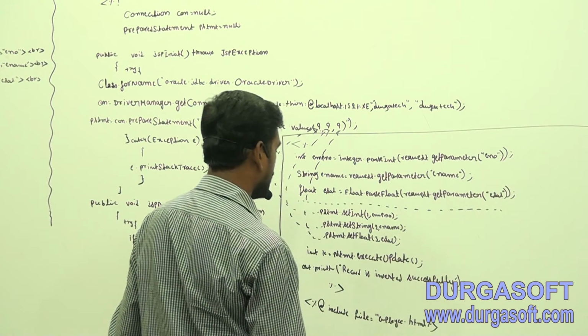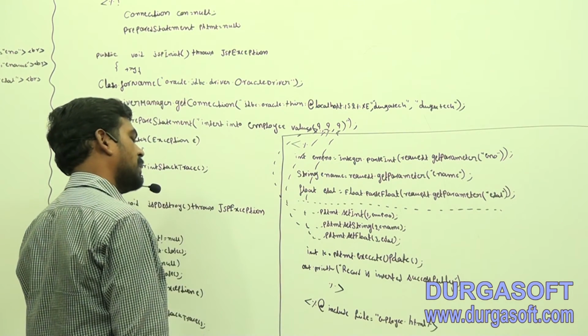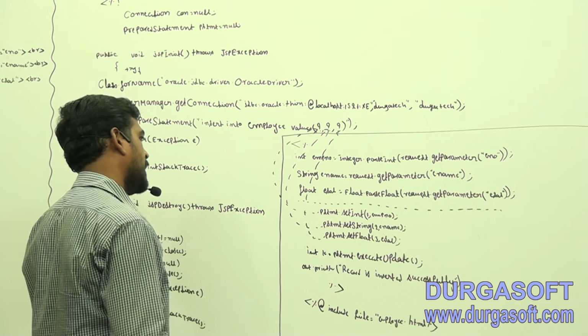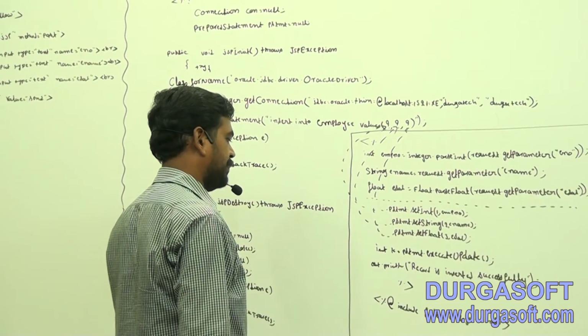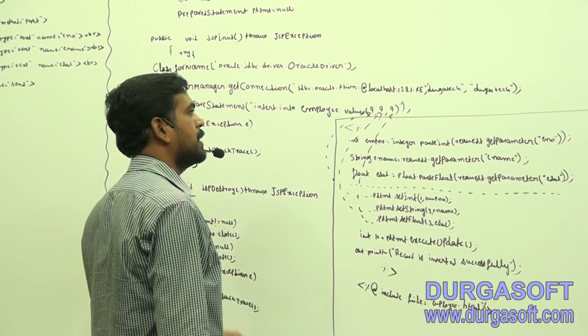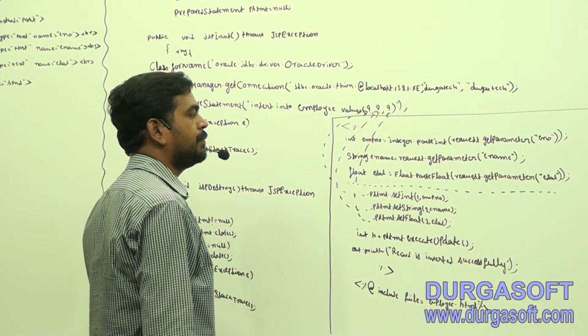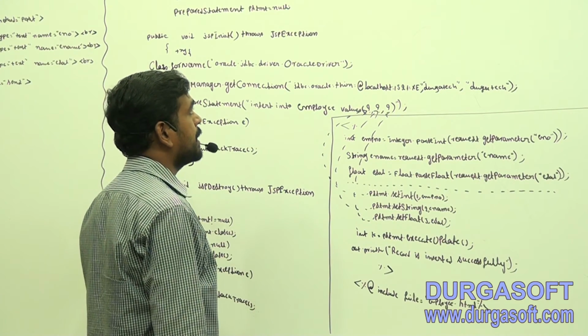Then automatically it is going to include the HTML page. Now we can enter one more record, right? So now this is what? Server side code. This is the server side code.